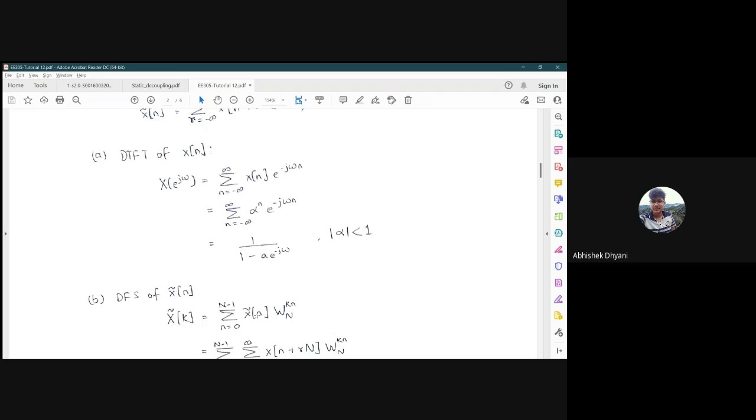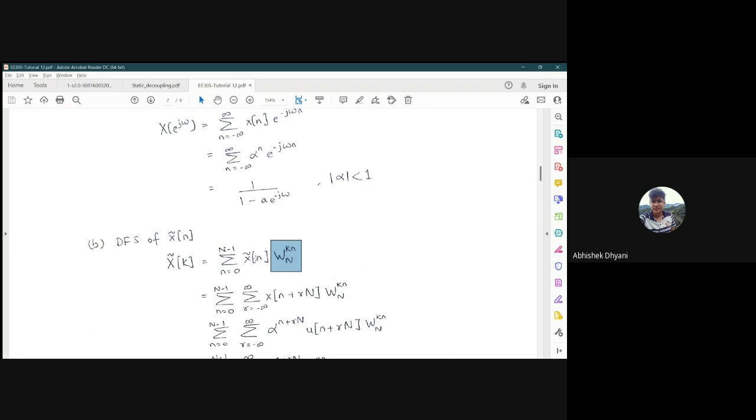Now it is finite, and then we multiply it with this W_N^{kn} matrix. If you remember from the lecture, this is nothing but e raised to the power minus j 2 pi k n by capital N. This was the notation we used for that.